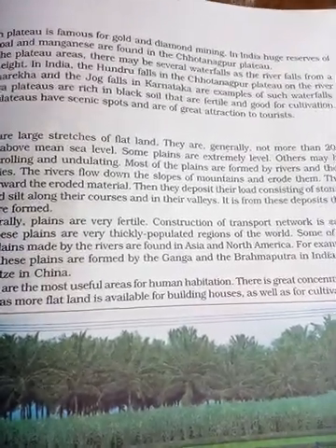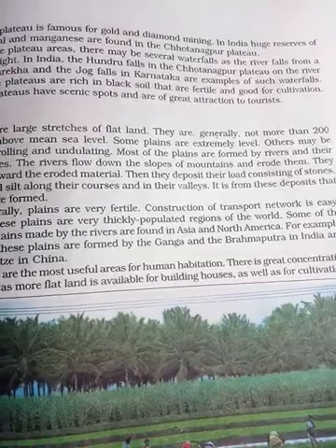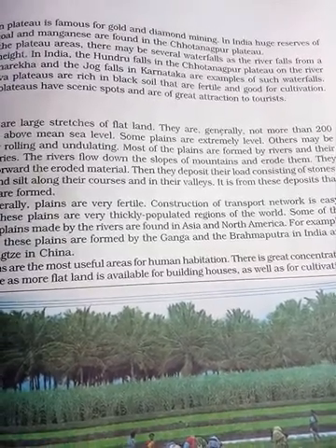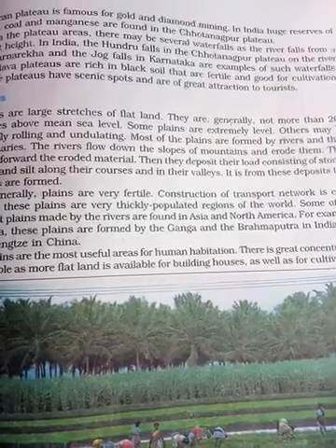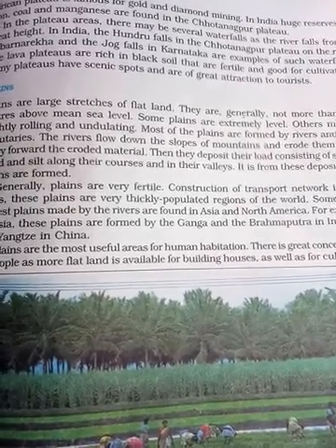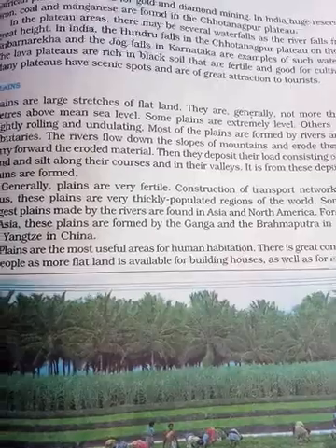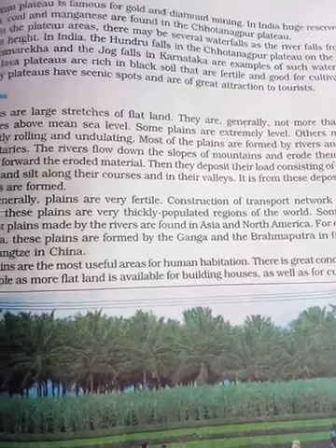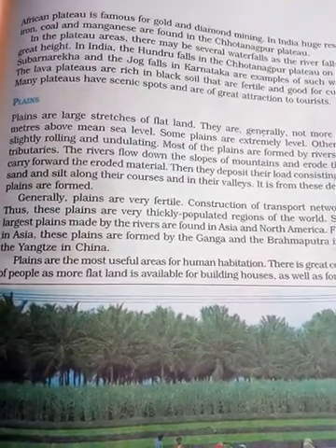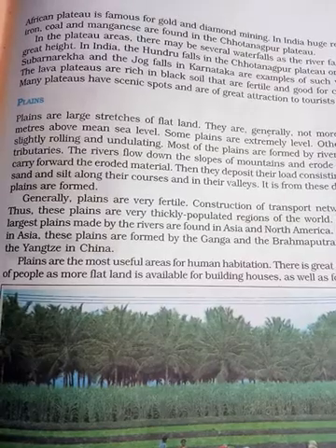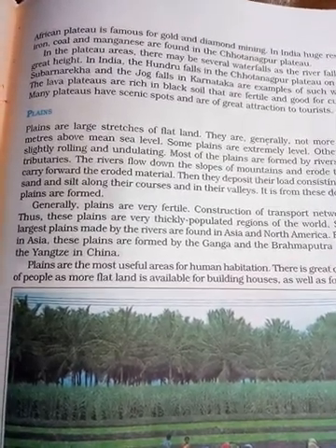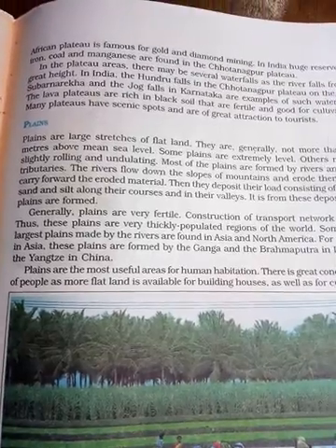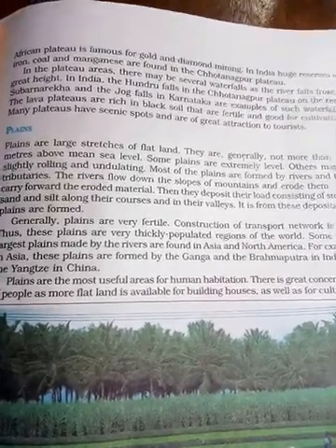So look here, the rivers which originate from the mountain area, when the speed is very high, then what happens? They carry a load of material like silt, stone, minerals, and carry it down, and it gets deposited where? It gets deposited in the low area, that is in the plain area, or you can say in the valley area.